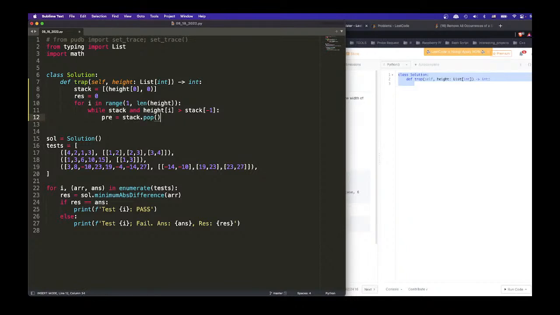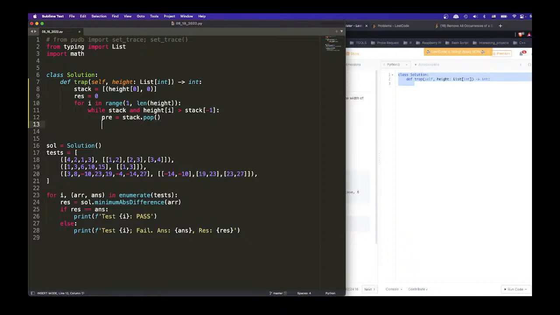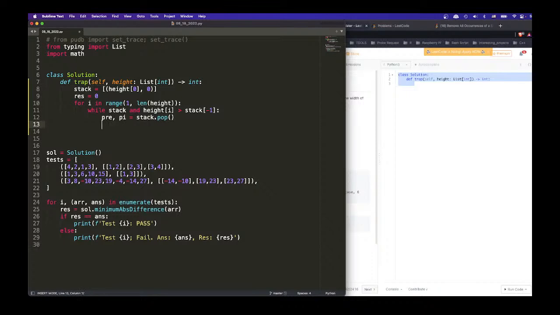Actually, it's pre and pi, pre-index. Yeah, because this is larger than this.